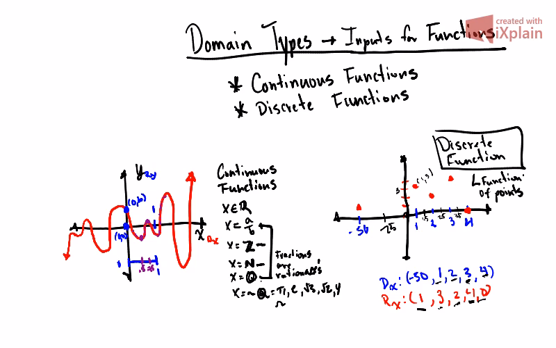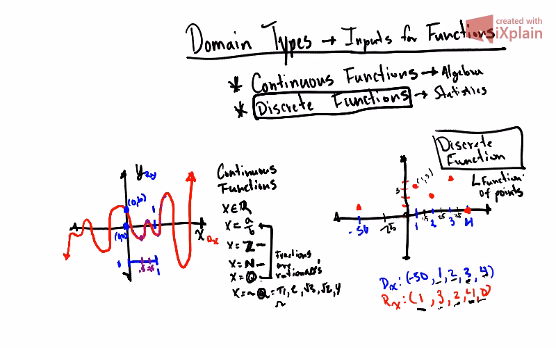And so you get two very distinct types. In algebra, we use a lot of continuous functions. In statistics, we use a lot of discrete functions. We actually use a mixture of both, but the common one that most statistics teachers forget to talk about is the discrete functions.